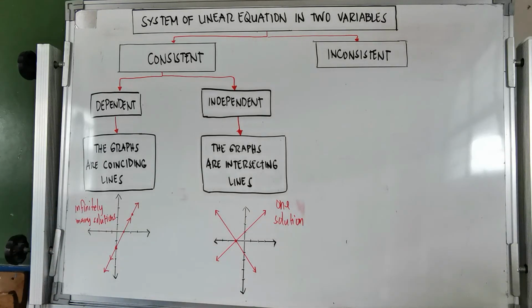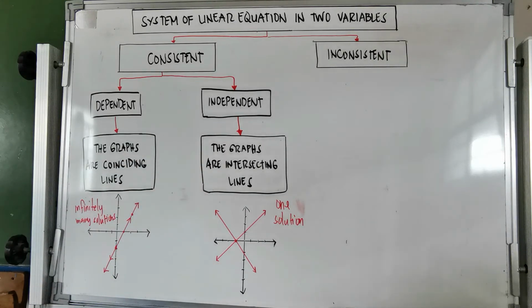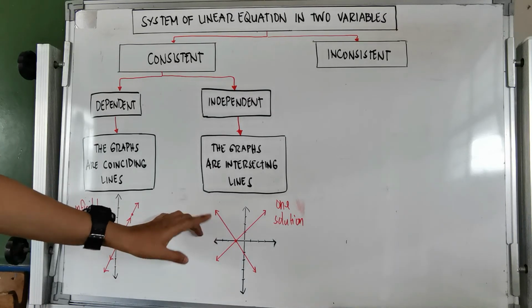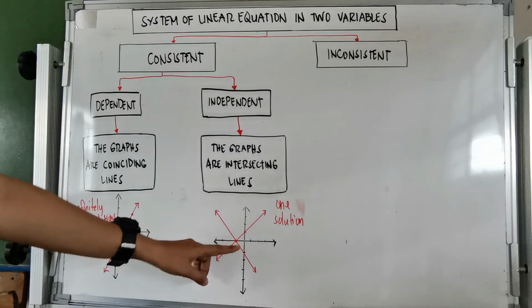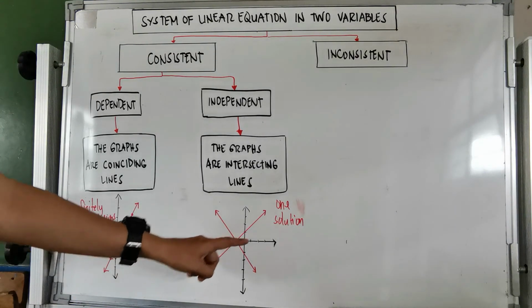And then meron naman tayong tinatawag na consistent independent. So ang graph naman ng system na to ay intersecting lines. Ang mai-encounter nyo naman dito ay system of linear equations na nag-intersect at a common point. And that point is its solution.